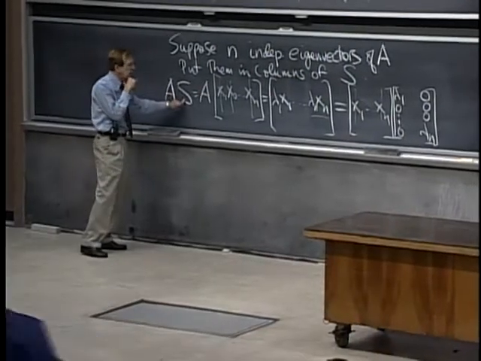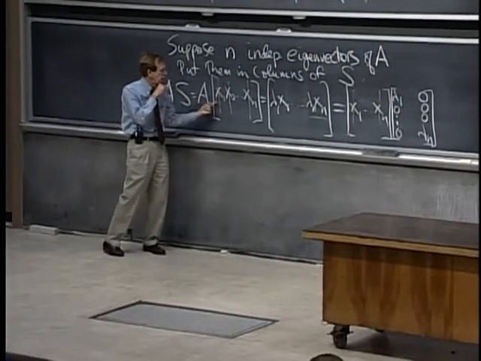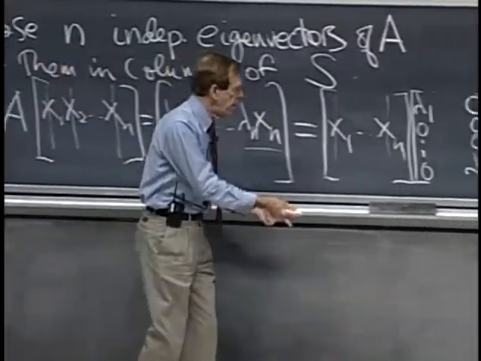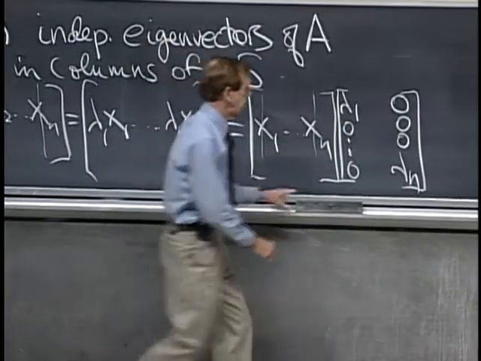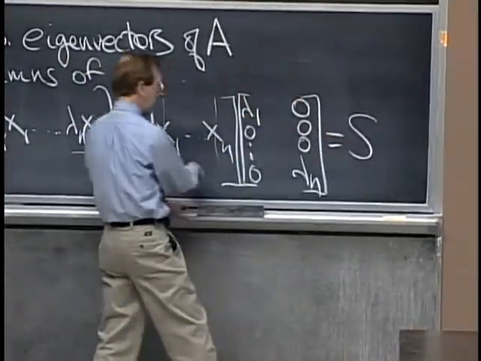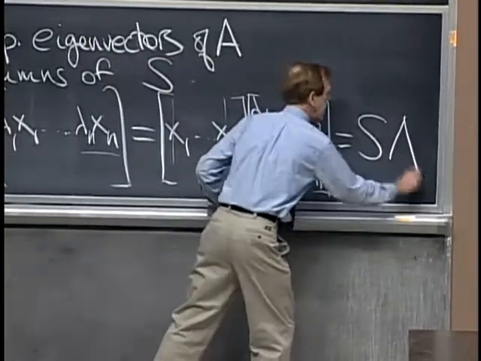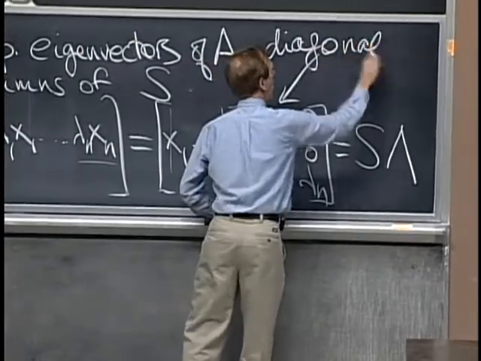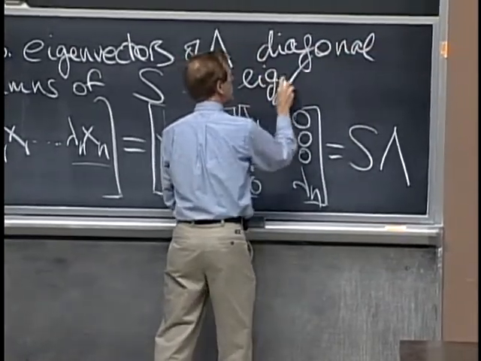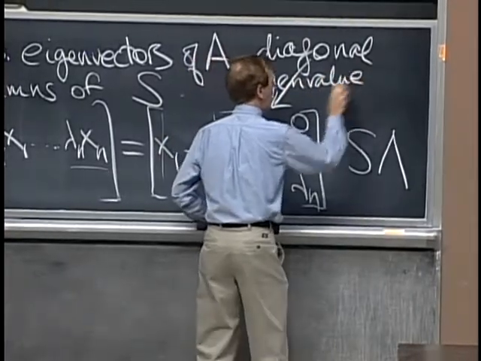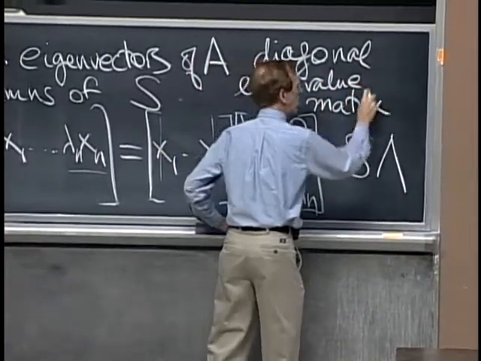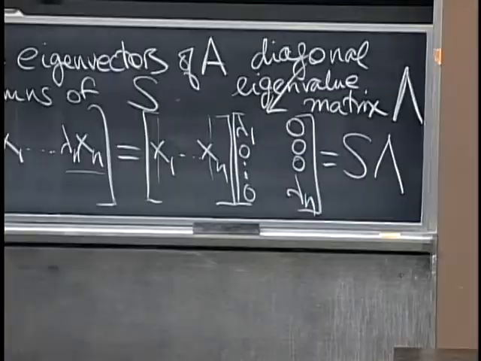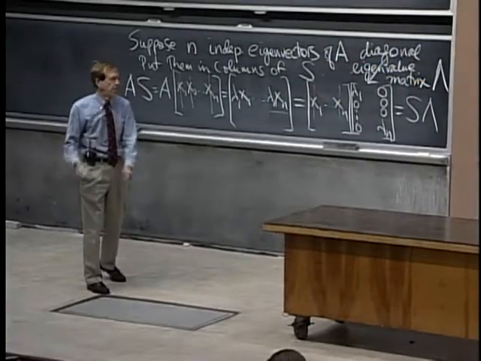So I started with A S. I wrote down what it meant. A times each eigenvector gave me lambda times the eigenvector. And then when I peeled off the lambdas, they were on the right-hand side. So I've got S, my matrix, back again, and this diagonal matrix, the eigenvalue matrix, I call it capital lambda, using capital letters for matrices, and lambda to remind me that it's eigenvalues that are in there.